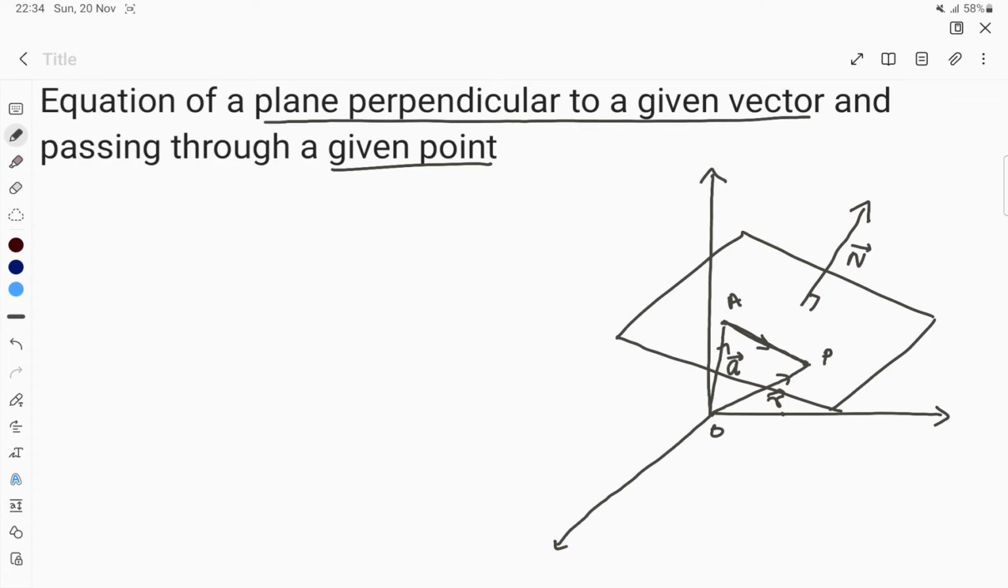So in this diagram, what we have to write for the examination is as follows.